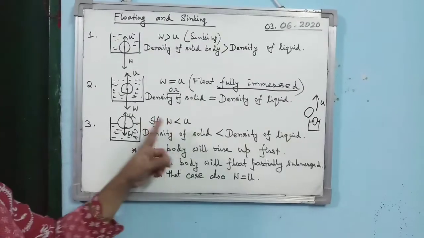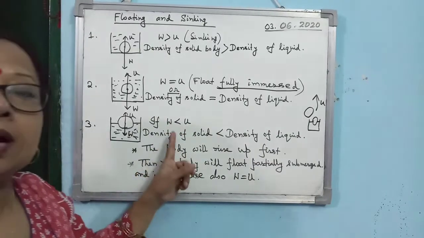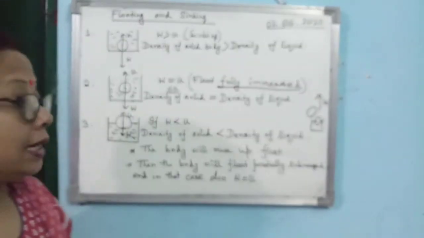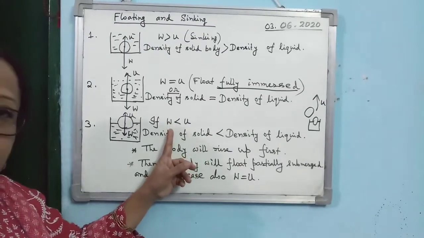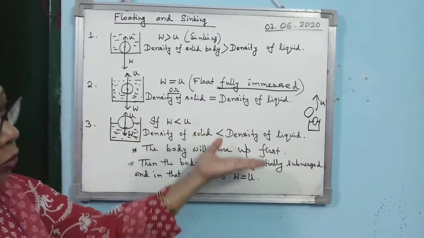Then one time will come when upthrust and weight become equal. Got it? What I said: initially upthrust is greater than weight, so the upward force is more and the body is moving up.